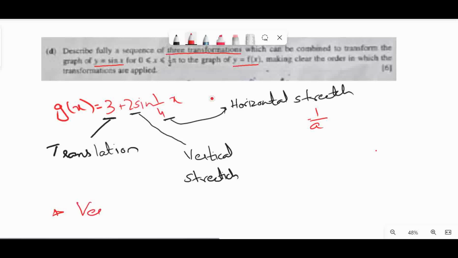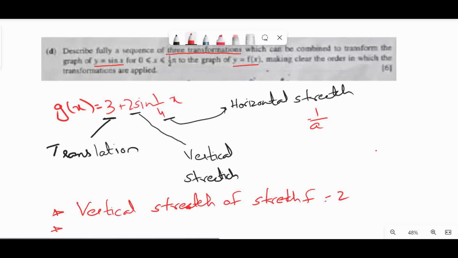So first, a vertical stretch with scale factor 2.